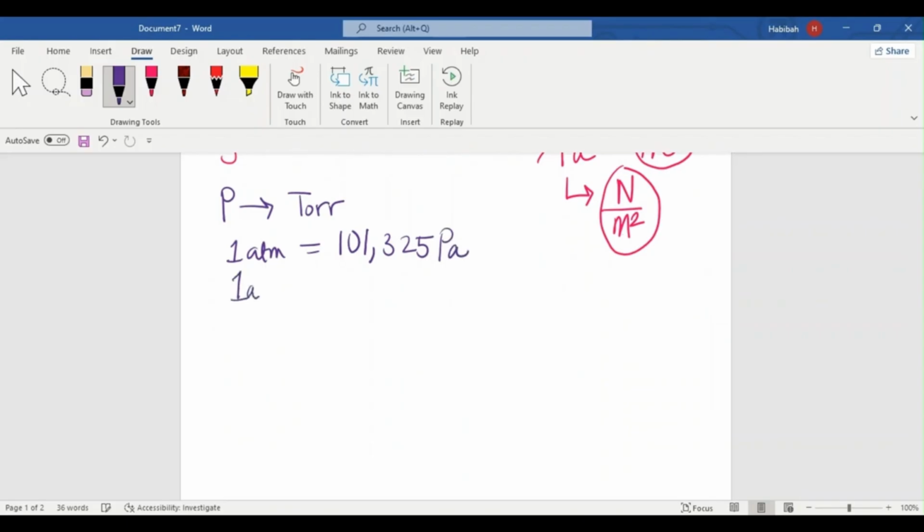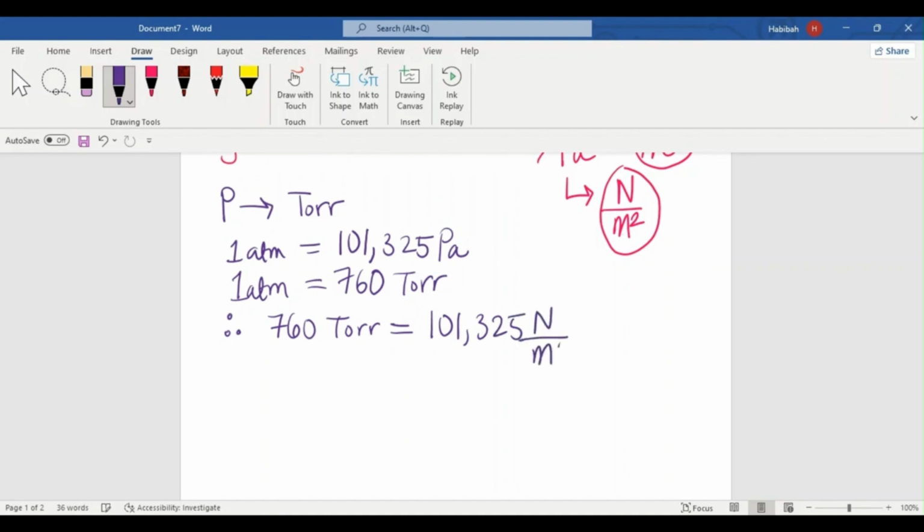And then one atmosphere is actually 760 torr. Hence, 760 torr, so this is a standard conversion, is going to give you 101,325 pascal or Newton per meter squared, which is what we're trying to go to. So this is a standard one.